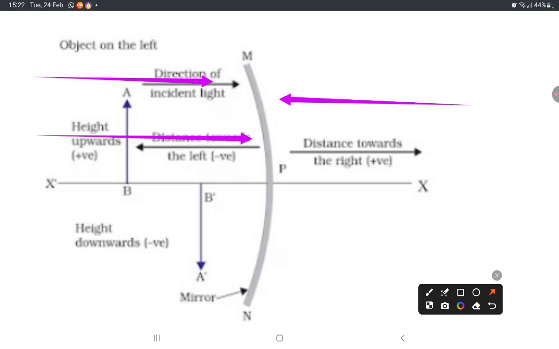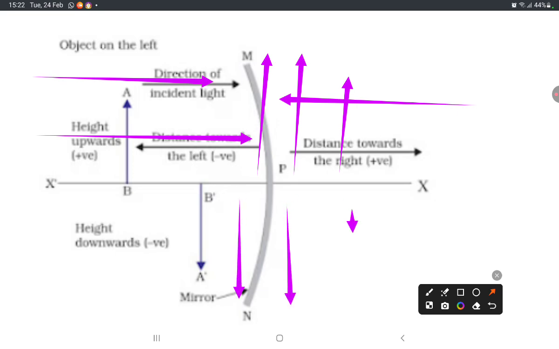Distances perpendicular to the principal axis and on the upper side are taken as positive, and distances perpendicular and downwards to the principal axis are taken as negative.